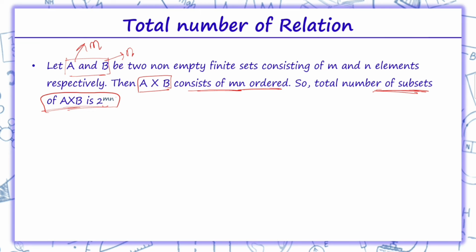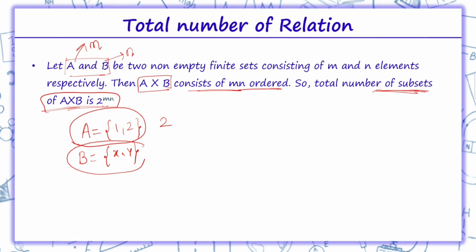Now let's suppose we have A equals 1 comma 2 and B equals x comma y. Now this A has 2 elements, B has 2 elements. So total number of subsets of A cross B will be 2 to the power mn.